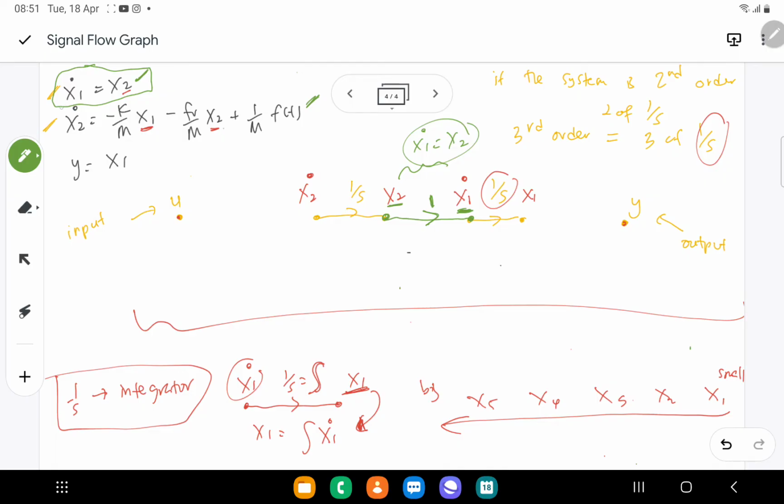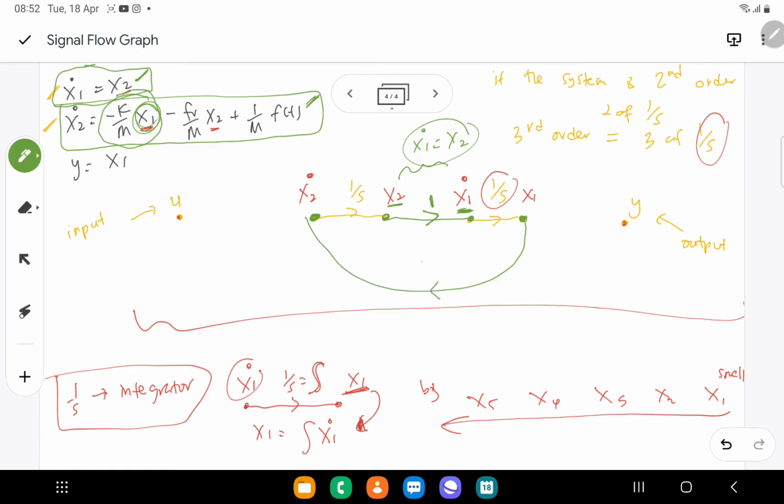Next, x2 dot equals this thing. This is the location of x2 dot, so it must be the construction of negative k over m x1. So this is x1 here, and it must go there to x2 dot.